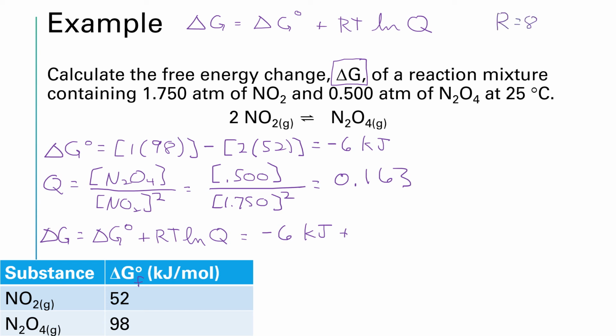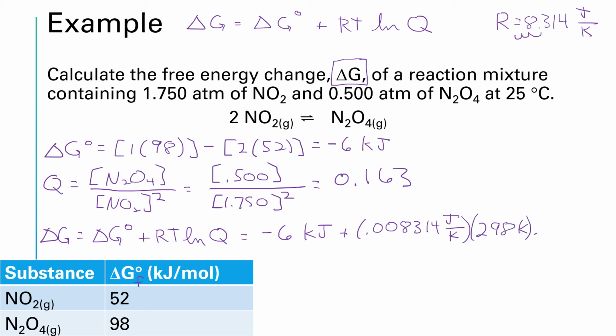The problem that we're running into is that delta G is in kilojoules. So I need to move that decimal 3 times, which means I'll have to put 2 zeros out in front of it. So that'll be 0.008314 kilojoules per mole Kelvin. And then our temperature is still 25 degrees C, which is 298 Kelvin.